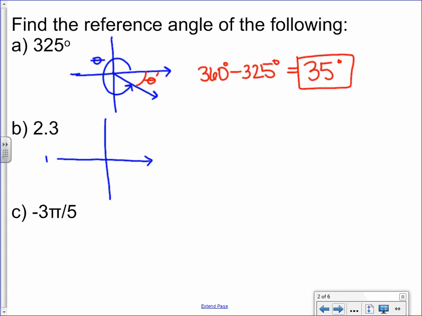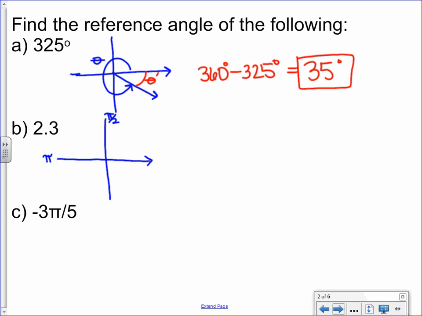Over here, this is pi radians, isn't it? Well, what's pi? 3.14, correct? This is pi over 2. What's half of 3.14? Well, it'd be a little bit more than 1.5, right? If this is a little bit more than 3, this is a little bit more than 1.5.